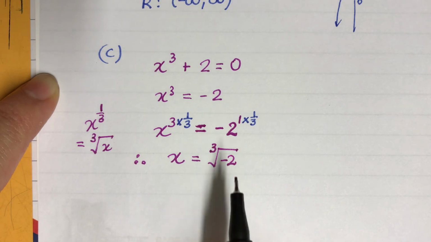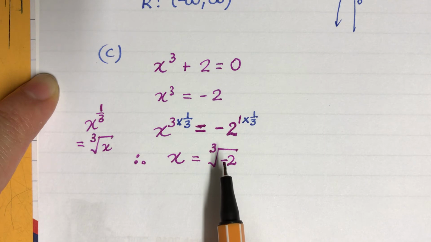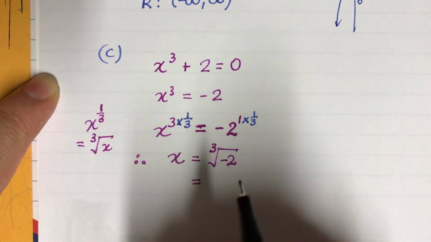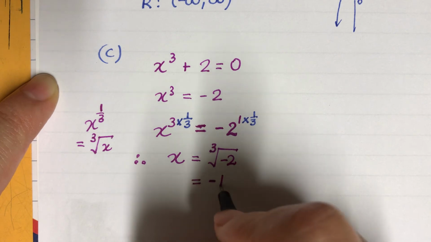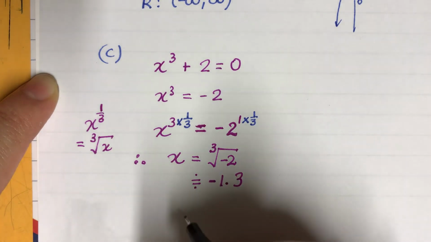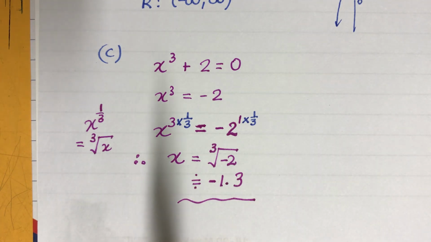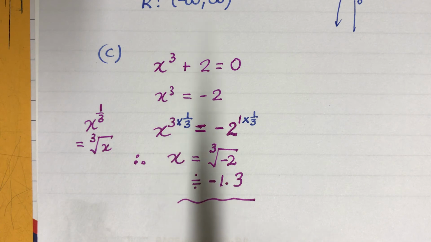And don't panic about the negative here. It's only impossible to have a negative inside a square root, not the cube root. Cube root is okay. Now, when you put that in your calculator, you will get minus 1.3 roughly. Okay, that's what your answer is. So what that really means is that we solve the equation x cubed plus 2 equals 0 graphically.